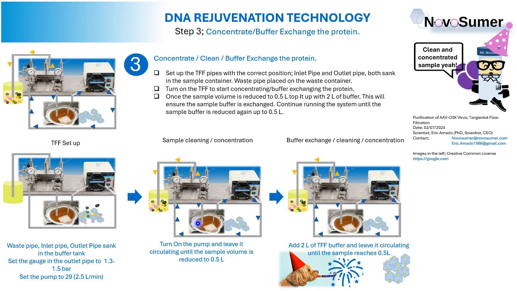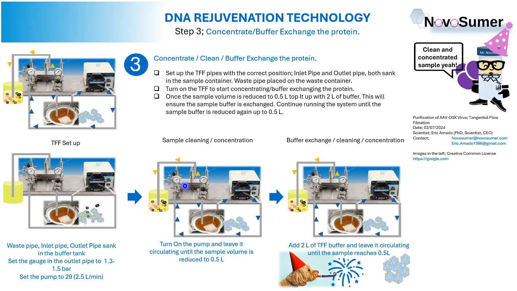You see? Let's repeat it again until we understand it. At the beginning of the process, you have the sample here with the contaminants. We turn on the pump, and the sample will go from the sample container to the pump, from the pump to the TFF.